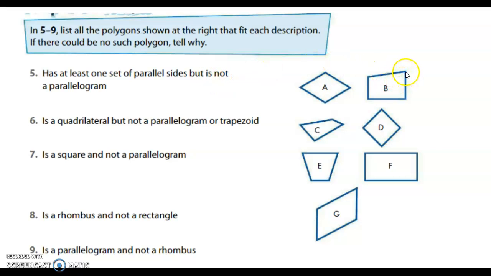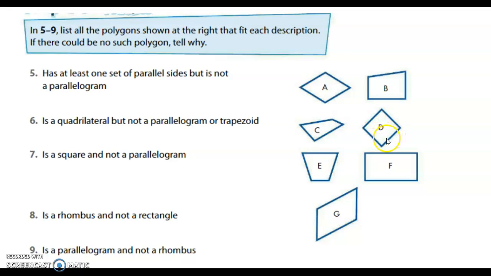If I look at B, I see that these two sides are parallel. However, this one slants down some, so these two are not parallel. So B is one of our answers. Now I look at C, and it does not have any sets of parallel lines, so I don't believe that C is our correct answer.